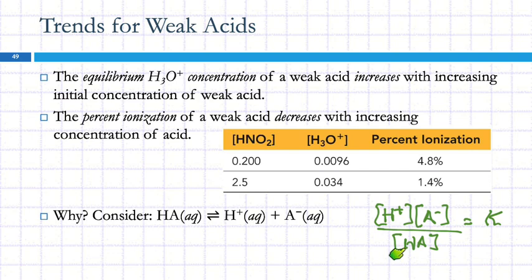If I double this, and this was doubled, that would change the equilibrium constant. Because this would be 2 and 2, that would be 4 times larger on the top and 2 times larger on the bottom. So the increase in the hydrogen ion concentration is not proportional. It's not a linear relationship. And that's why the percent ionization decreases as the concentration increases.